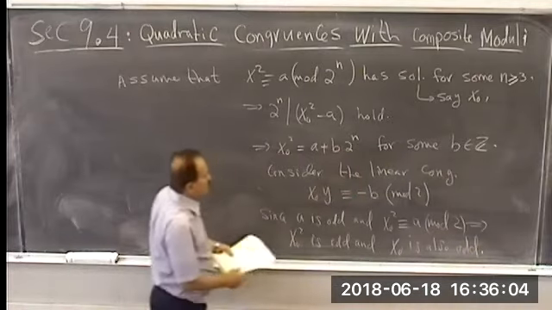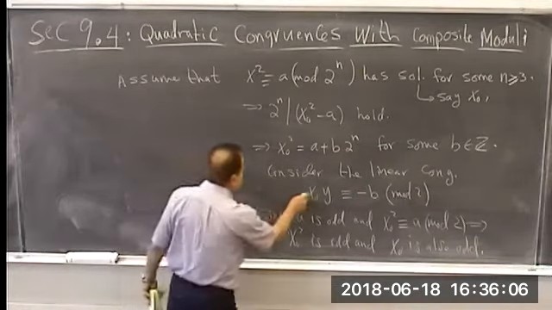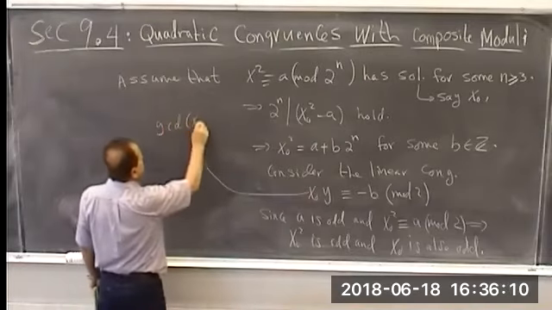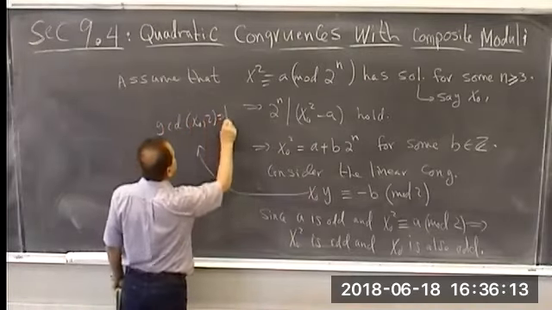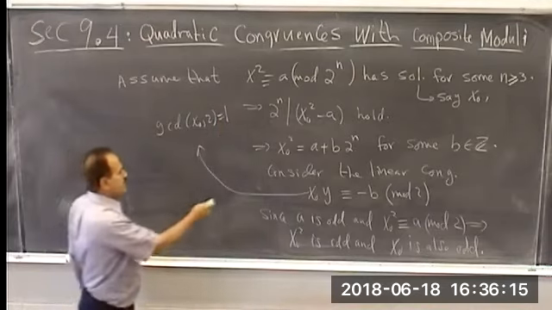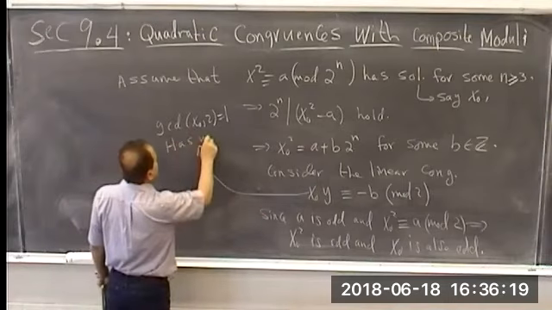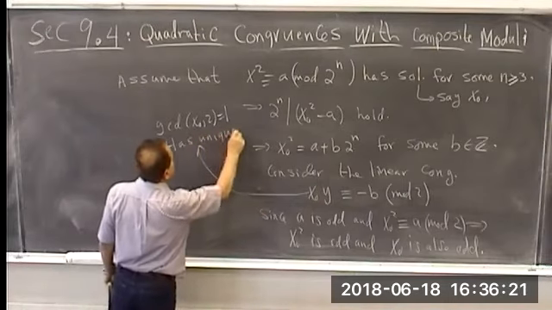So the greatest common divisor of x sub 0 and 2 is equal to 1. And this means that this equation has a solution, and it is unique.